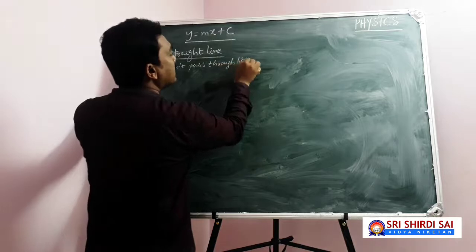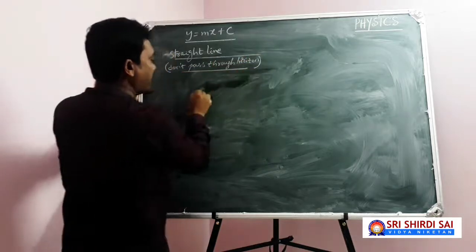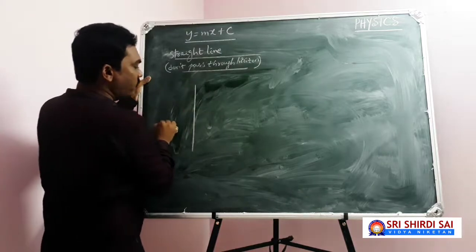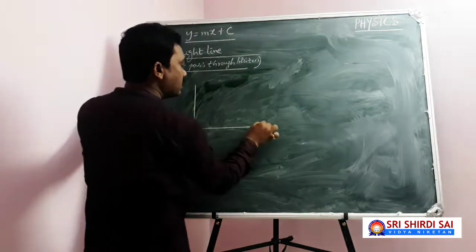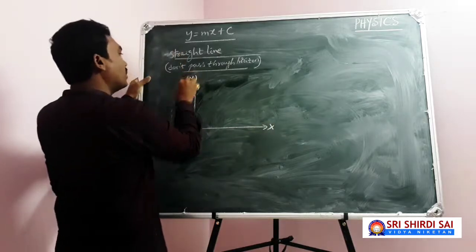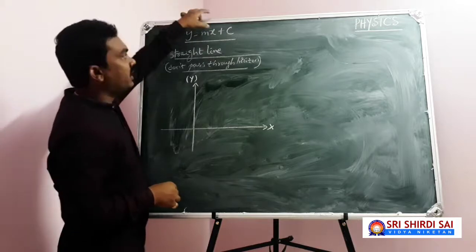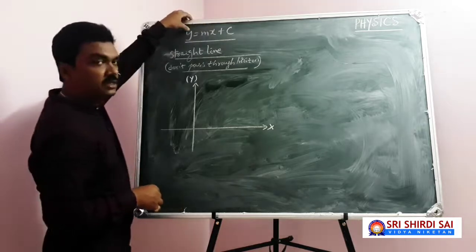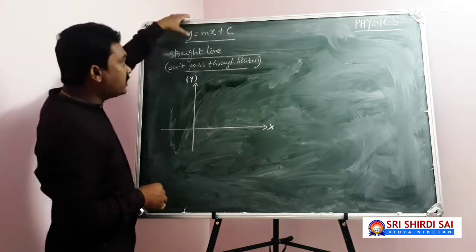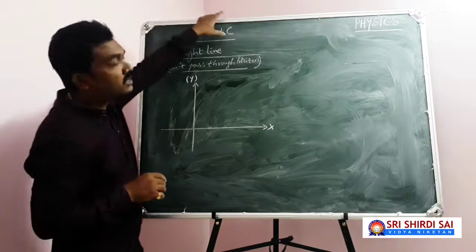Sir, then as it is not passing through origin, what can you say about this? Yes, coming to the point. When you are going to analyze the graph for a mathematical equation y equal to mx plus c, x and y are the variables. X is the independent variable, y is the dependent variable. But m is the slope of this particular straight line, which is constant. And here what is c?